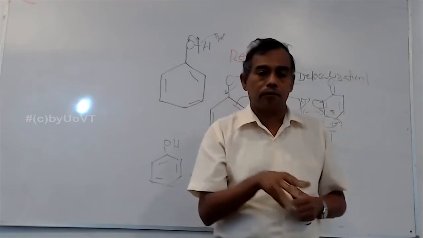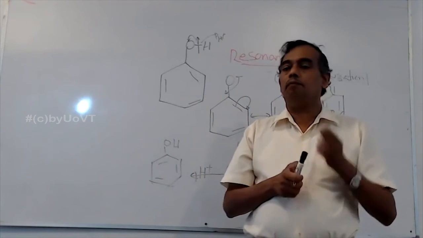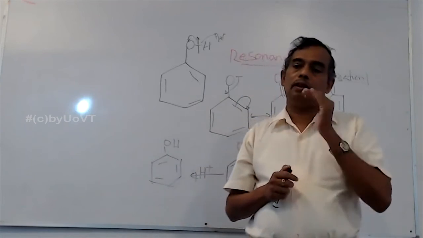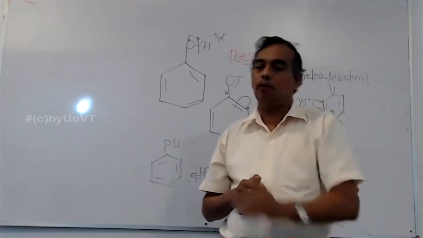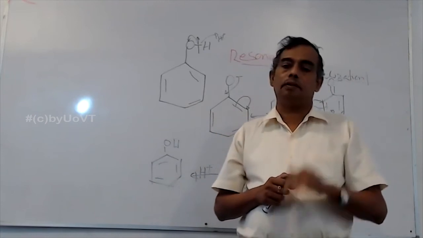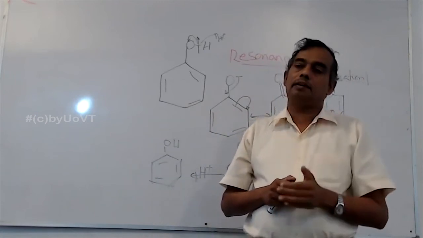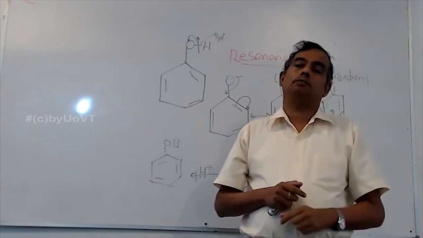Then the carotenoid part is very important to control photo-oxidation. We can't control photo-oxidation by using phenolic compounds. In photo-oxidation, we need to control the singlet state oxygen formation.